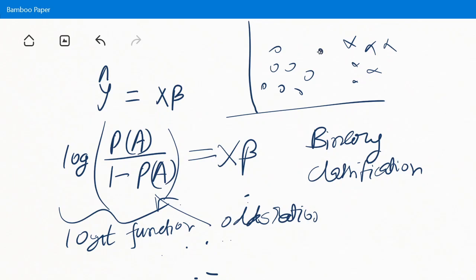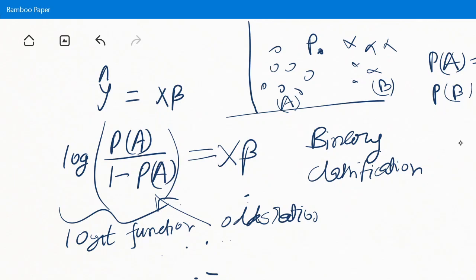Suppose we have a new point P, and we found the probability of event A at point P, PA, is something like 0.8, and the probability of the other event, suppose this is event A and this is event B, the probability of event B, which is 1 minus probability of event A, is 0.2.